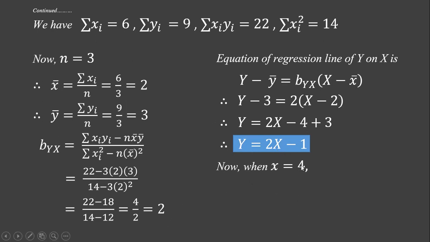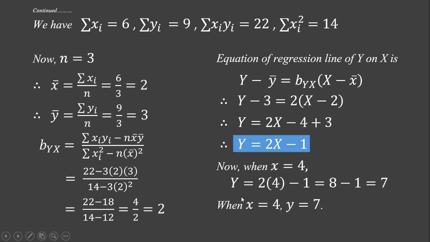So substituting x equal to 4, y is equal to 2 into 4 minus 1. 2 into 4 is 8, minus 1 equal to 7. We get the value of y equal to 7. So when x is equal to 4, y is equal to 7.